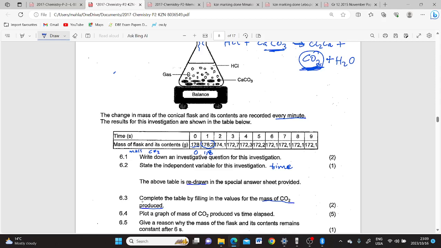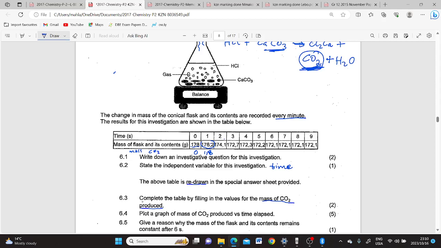Now how much was removed after 2 seconds? So from 176,2, then there is 1. So we check how much was removed there. So we're going to say 176,2 minus 174,1.